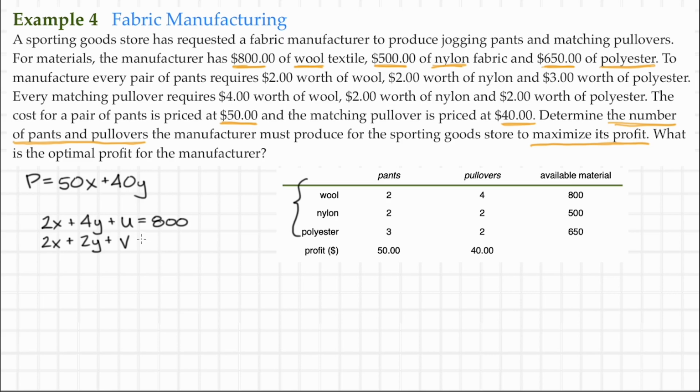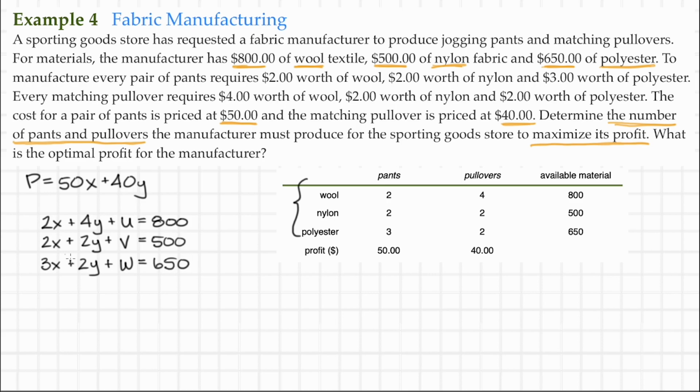So we'll use v. That's equal to 500. Then we have 3x plus 2y plus a slack variable. It's got to be different than the other two, so we'll use w, and that's got to be 650.